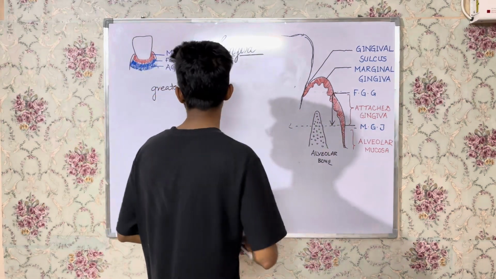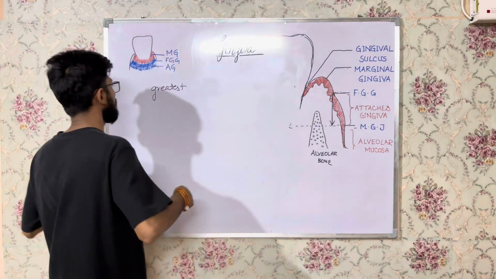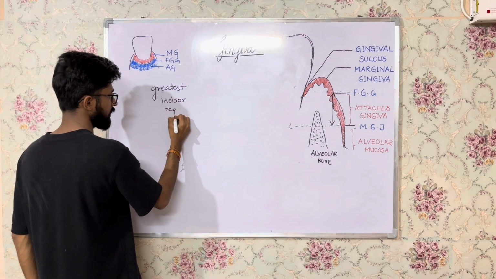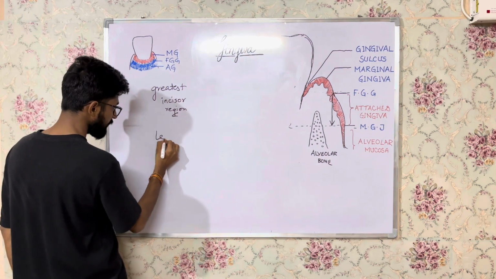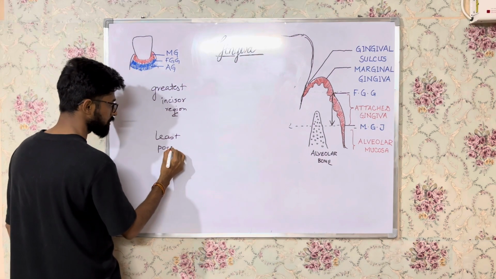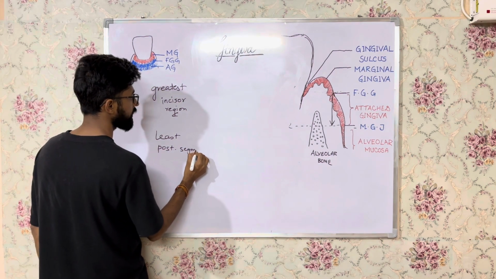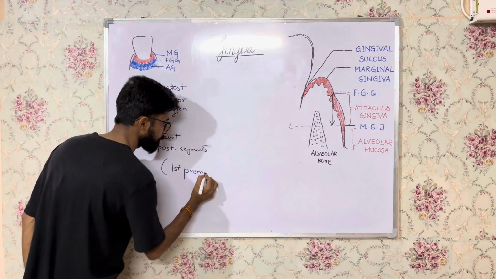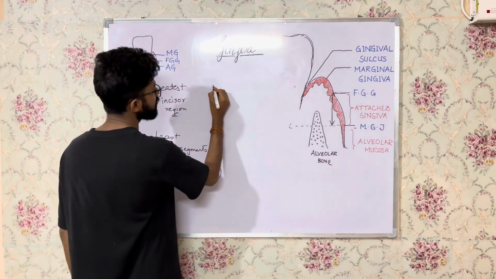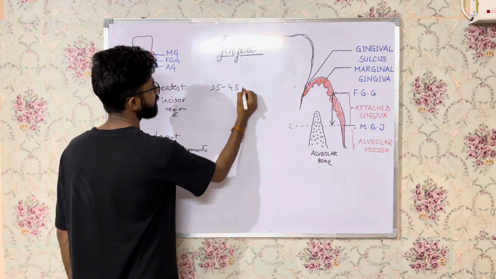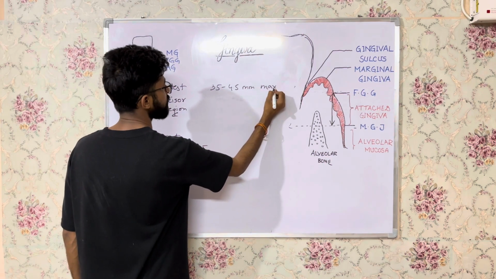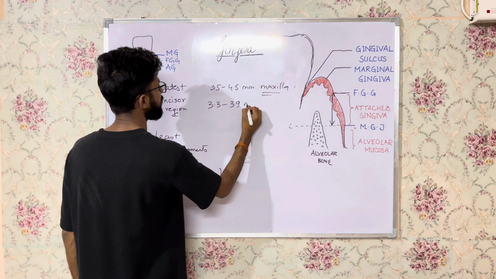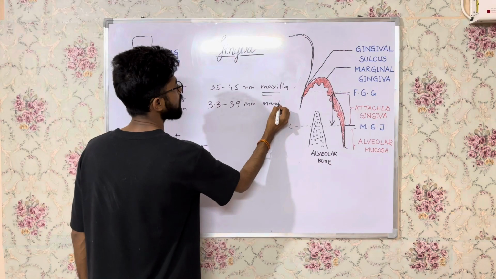Now what I'll have to remember is the width. Width is greatest in the incisor region and least in the posterior segments, specifically the first premolar region. Now what are the dimensions? 3.5 to 4.5 mm in case of maxilla, and 3.3 to 3.9 mm in case of mandible.